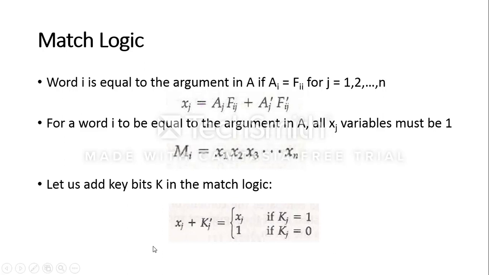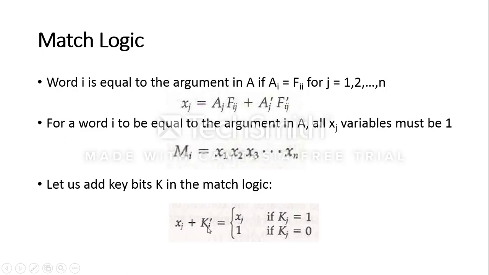So if we now use this logic, xj plus kj dash, because we have just derived that only xj is not sufficient. So in this mi equation also, now instead of using only x values, we can use this combination xj plus kj dash.